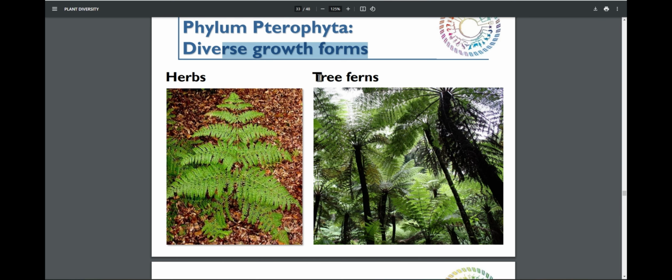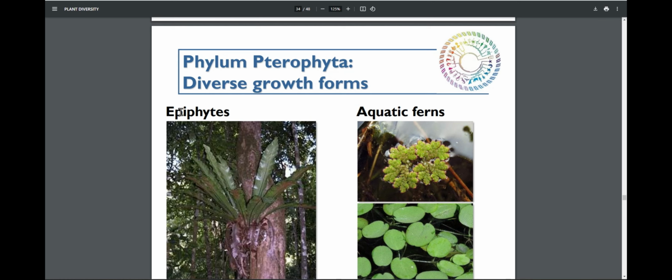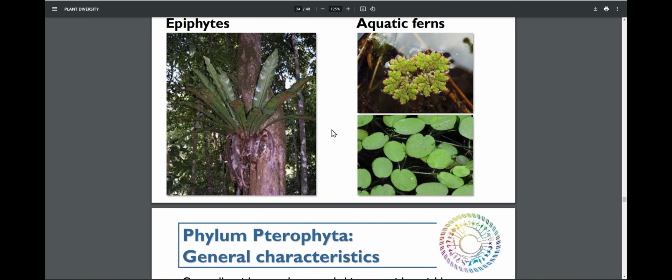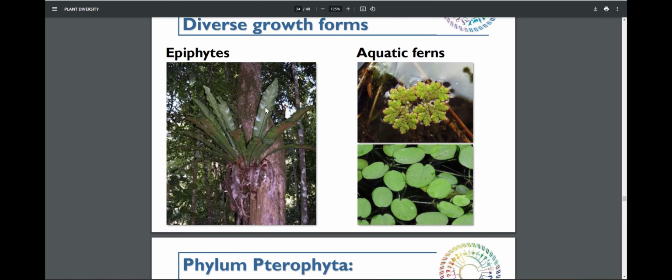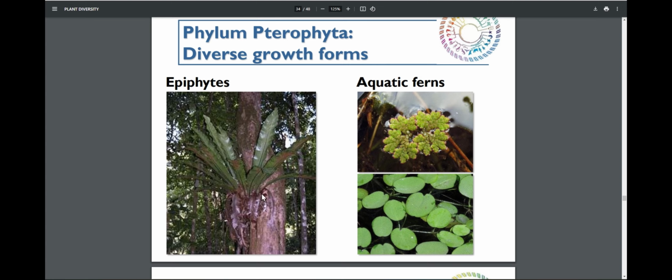And then tree ferns, which are very tall, but just kind of look like this one but extended. The epiphytes. This thing is apparently a fern. I didn't know. This one is just growing on the stem of a plant. It's not a parasitic relationship. It's more like commensalism, where this one gets a higher space while the other does not even care and receives nothing, but is not harmed.